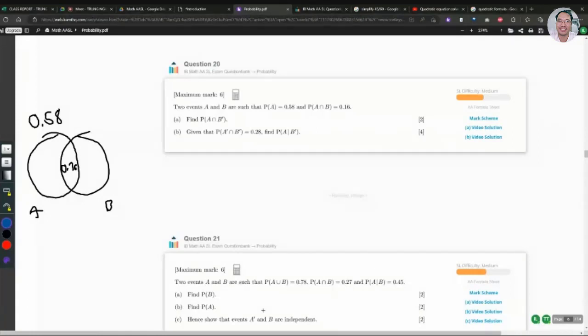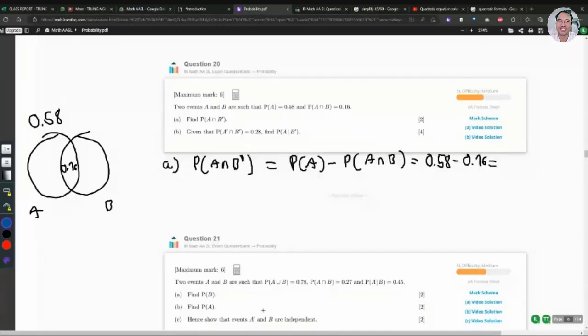Subtract 0.58 by 0.16. That is the answer.